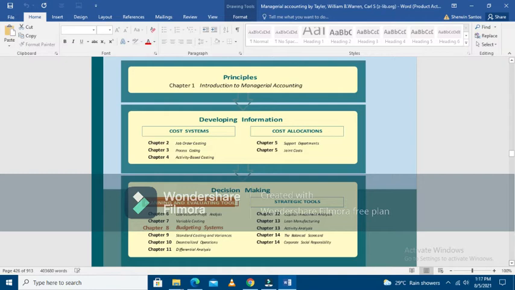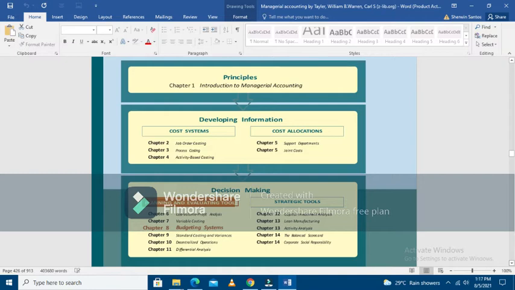By looking at the book of Tyler and Warren, this is chapter 8. We jumped to chapter 8 because chapter 1 is an introduction to managerial accounting, which we should already have learned in our previous years in the undergraduate.